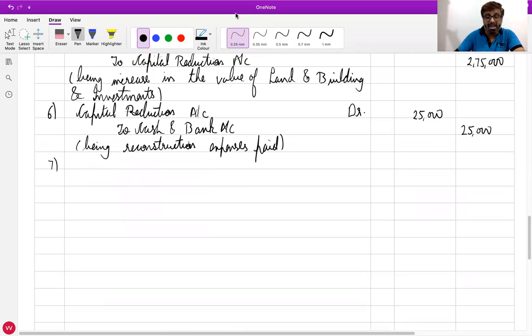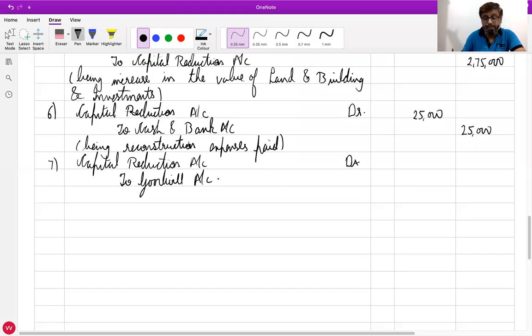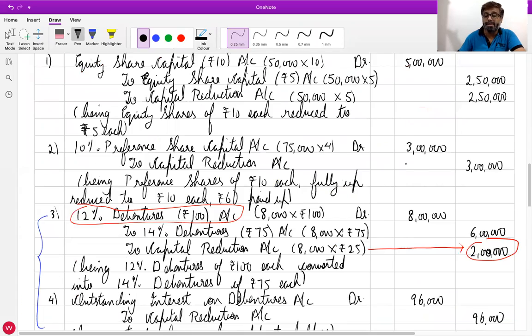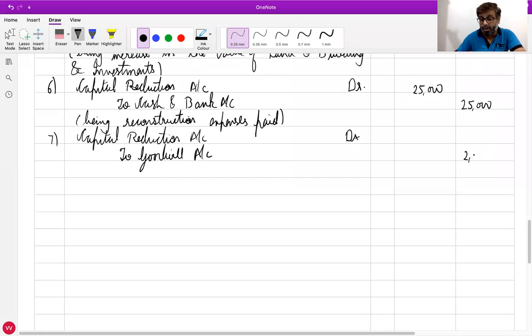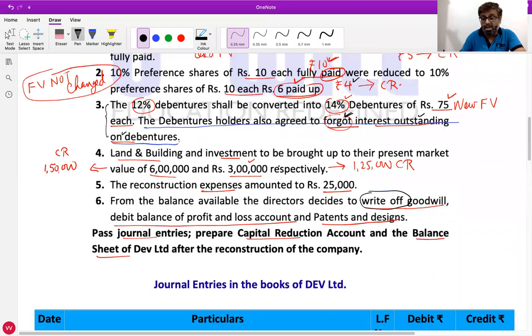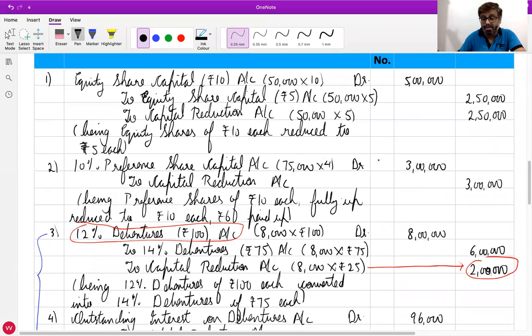Dishita, will we finish the entry or leave a space to do the posting? Then we will get some more amount. We will write capital reduction account debit to goodwill account. What is the amount of goodwill? 2 lakhs. Then to profit and loss account, 7 lakhs.